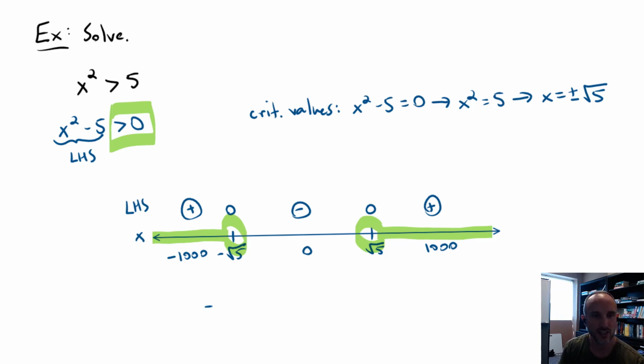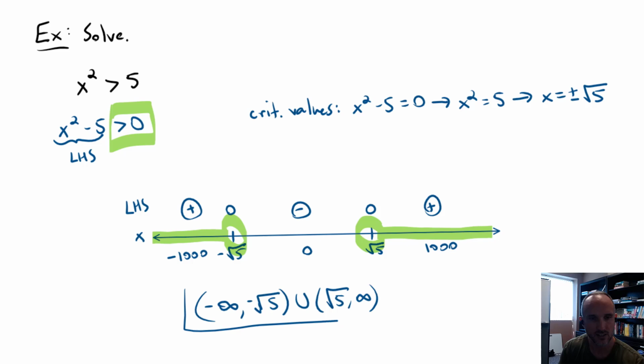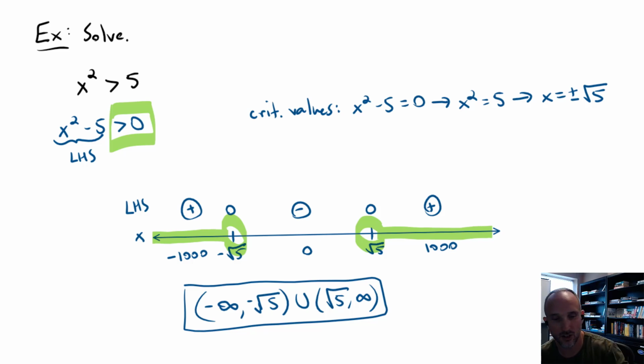So our solution set is negative infinity to negative square root of 5, union square root of 5 to infinity, not including either endpoint. And that's how simple it is to solve polynomial inequalities. As long as you can solve polynomial equations, then you can just use test points to help you figure out which intervals on the number line make the inequality true.